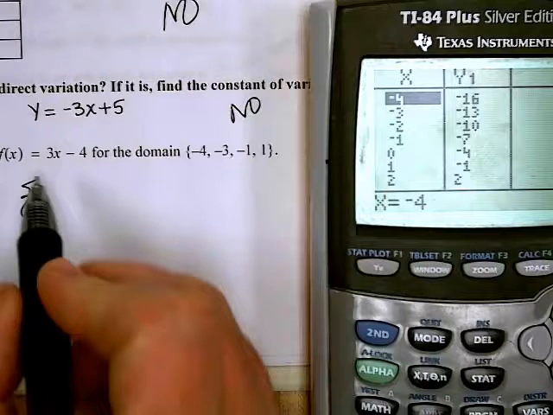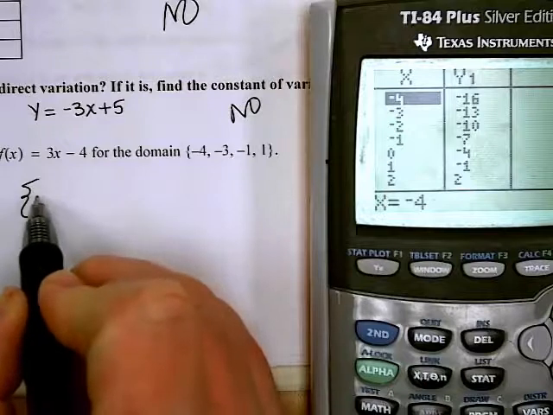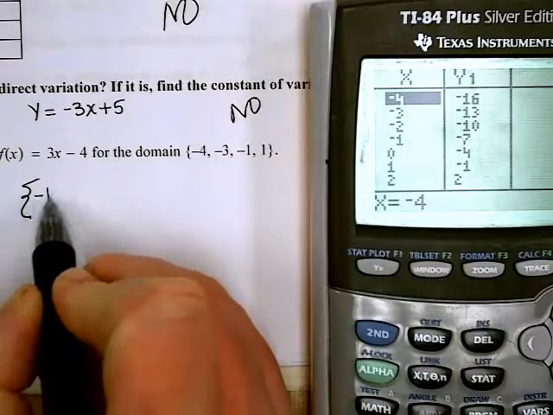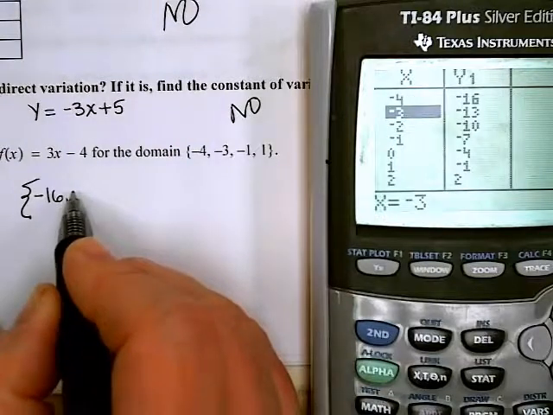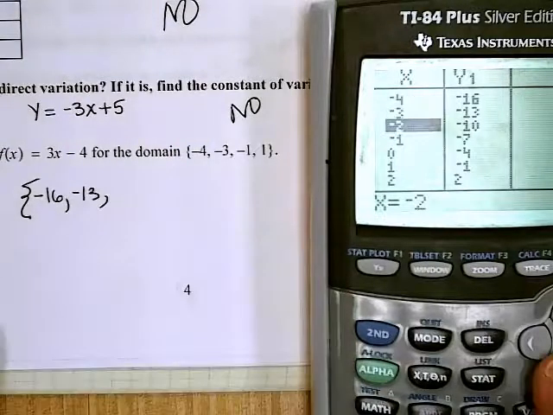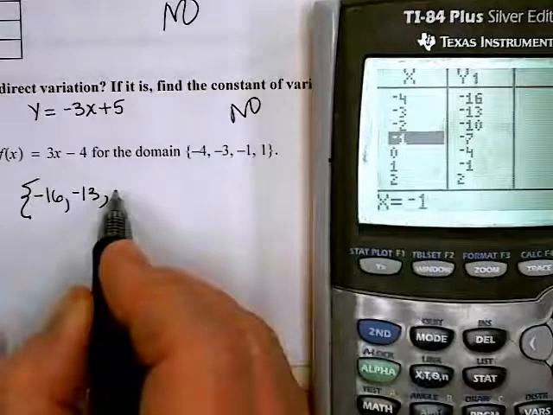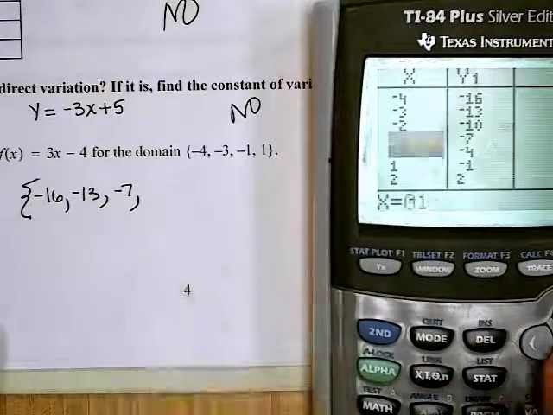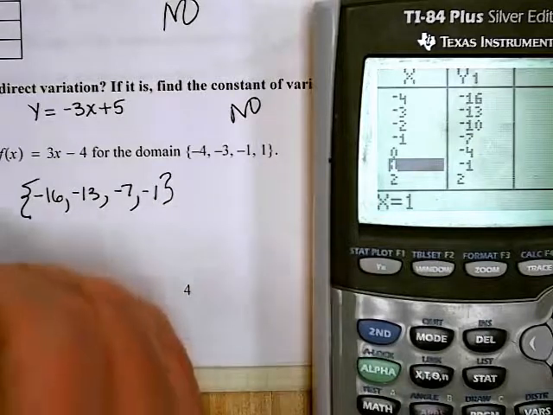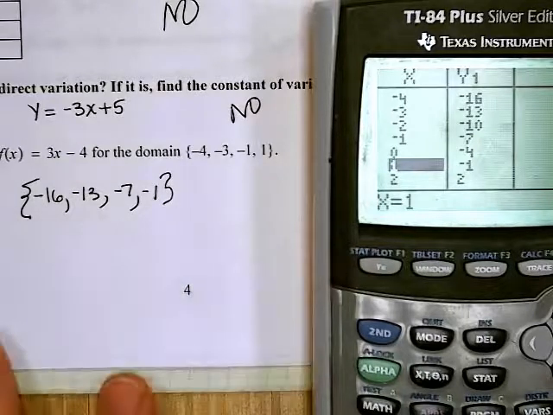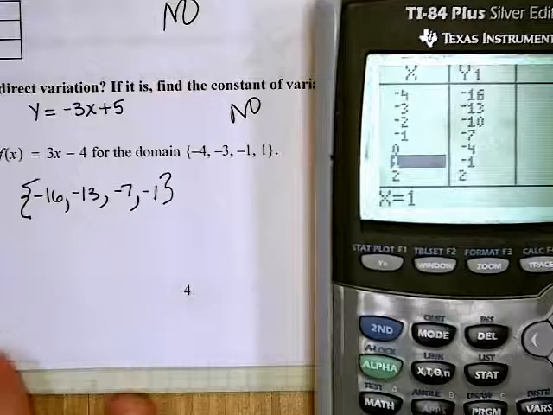What is it? When it's negative 3, negative 13. When it's negative 1, negative 7. And when it's positive 1, negative 1. That is your range. Okay? Can we find that from the table? All right.